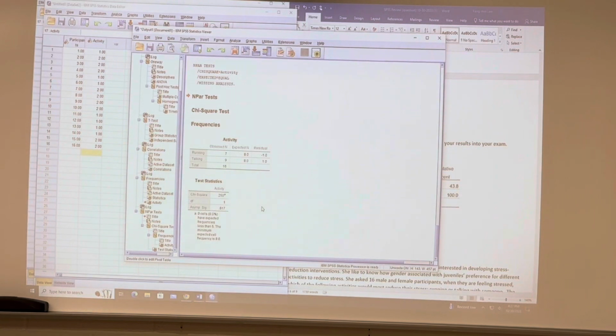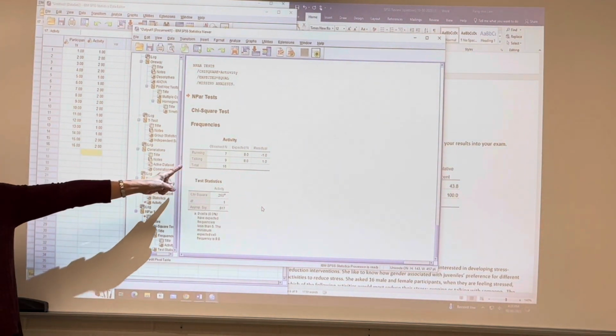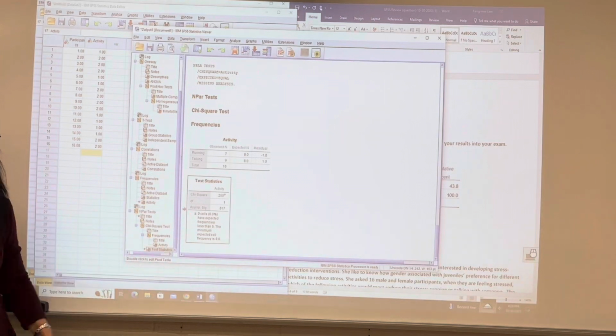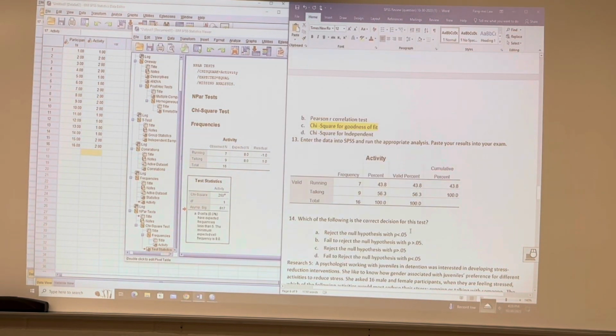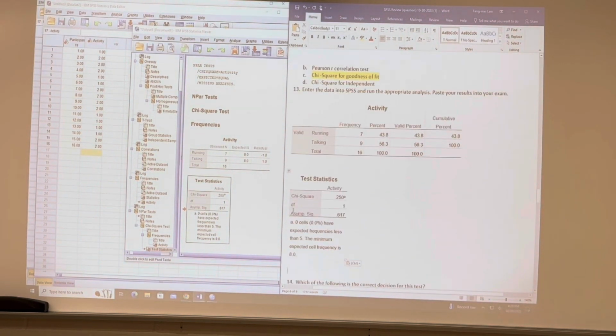Now you see 2 tables. I don't need the first one because we already ran frequency for the first one. Just give me the test statistic. Put it under here. I want to see 2 tables here.